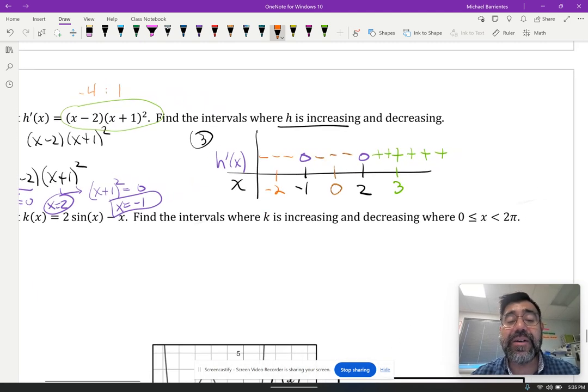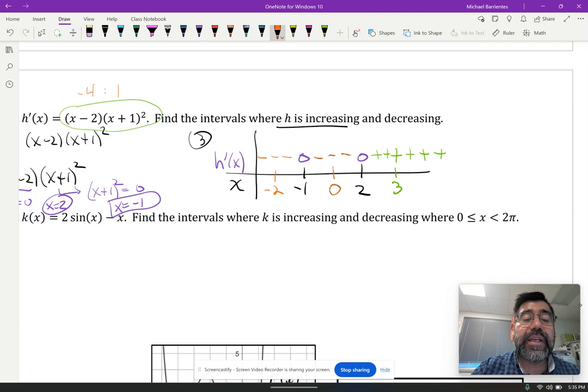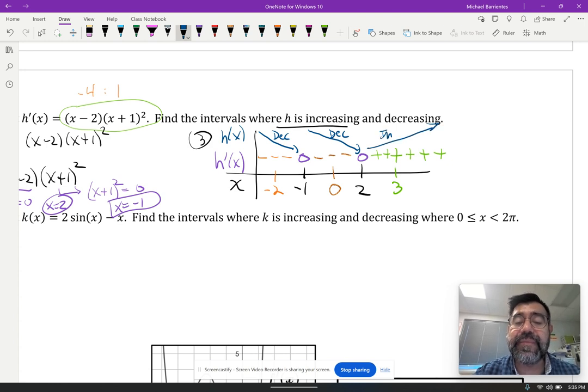So what does this tell me about h? It tells me that the original function h is decreasing. Oh, still decreasing, but then increasing.